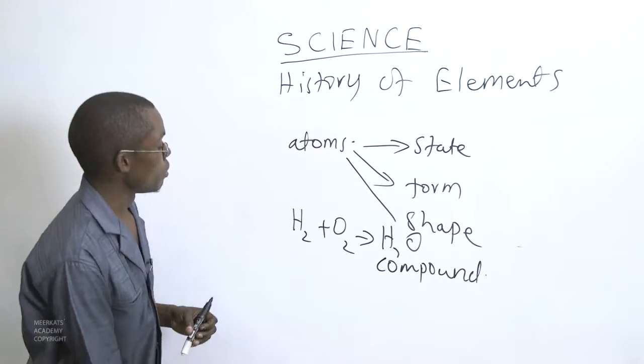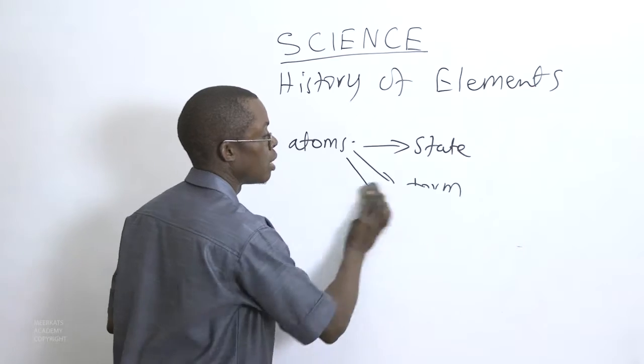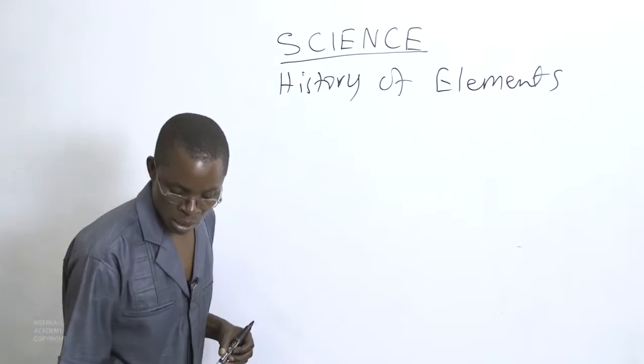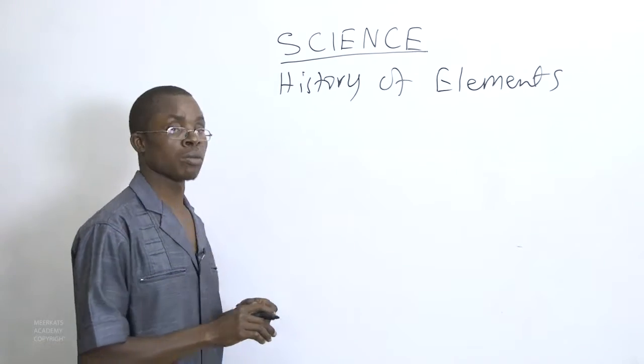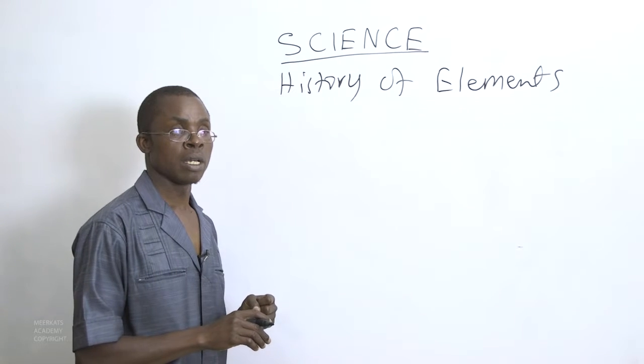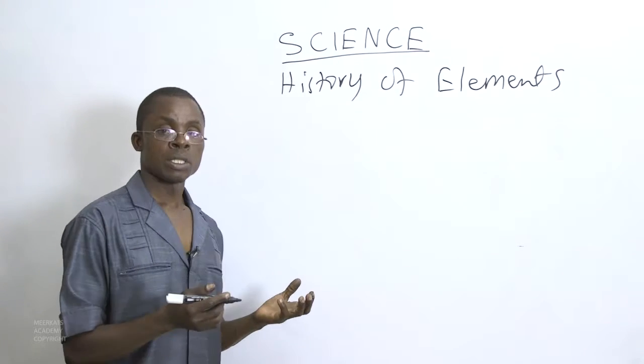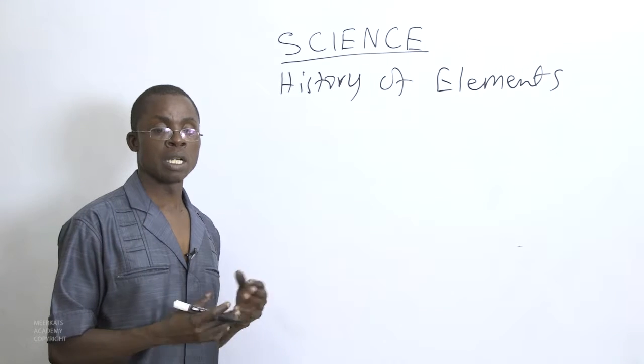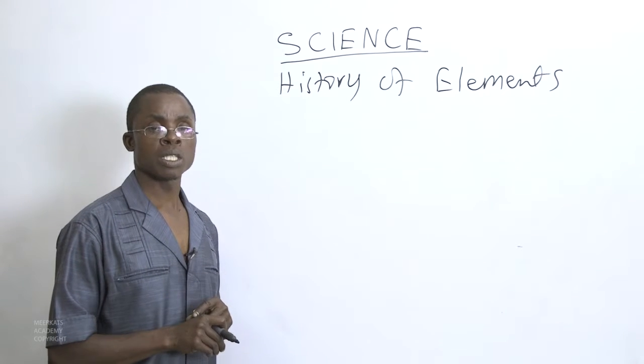Now, is it true that chemical reactions can change the way atoms are grouped together? Yes, if you are able to explain, and no, if you are not able to explain.